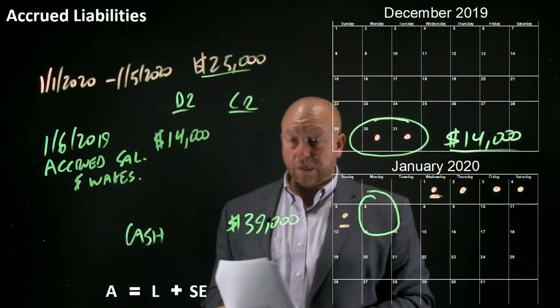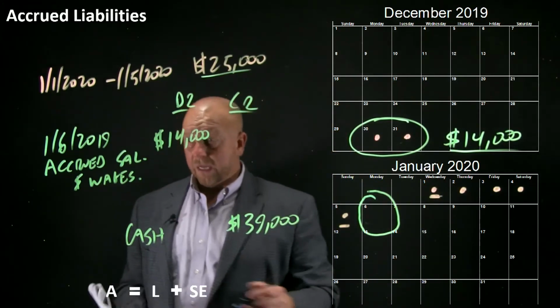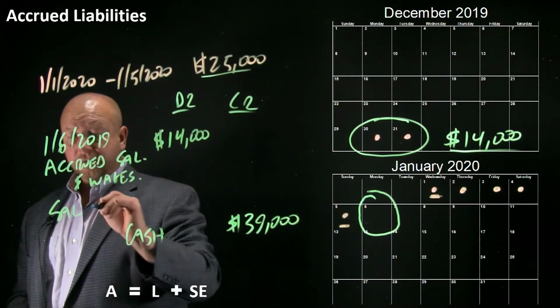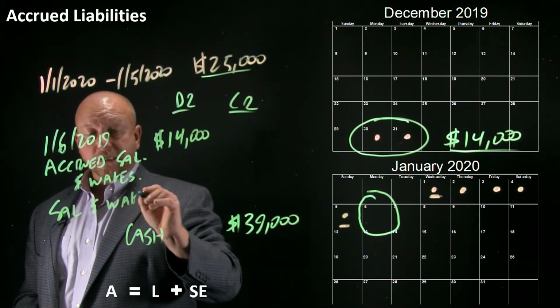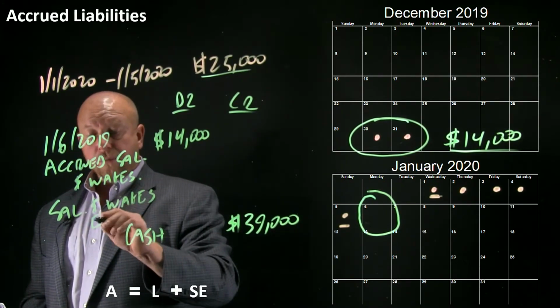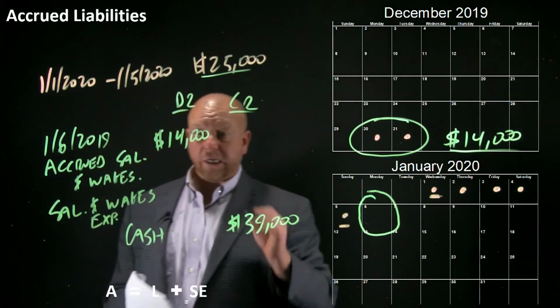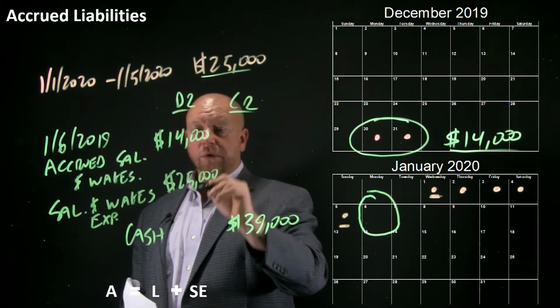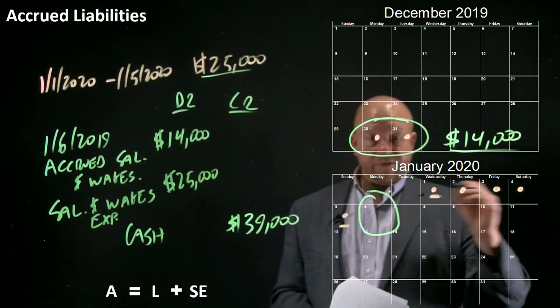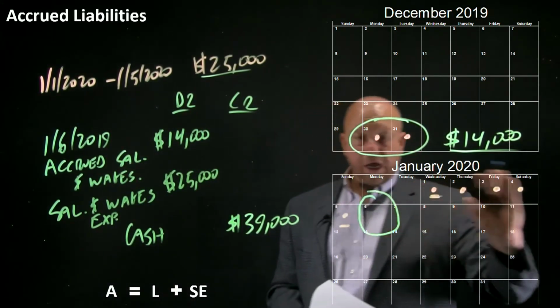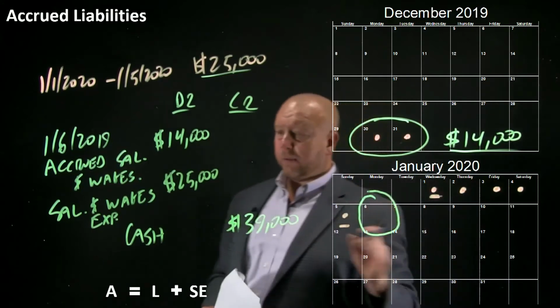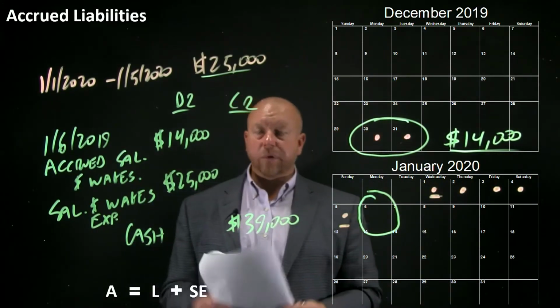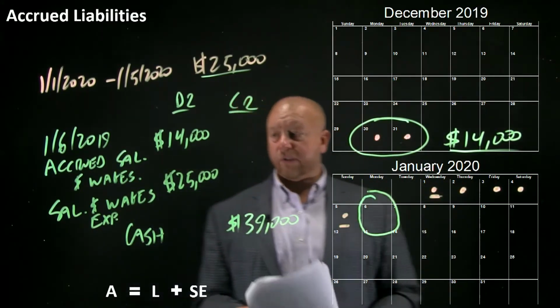So accrued salaries and wages goes to zero. And then the remainder of this, salaries and wages expense, it's appropriate to put that on the 2020 income statement because it's a payroll cost associated with 2020. The $25,000 incurred on these days, Wednesday through Sunday, that's an expense that belongs in the 2020 fiscal year.